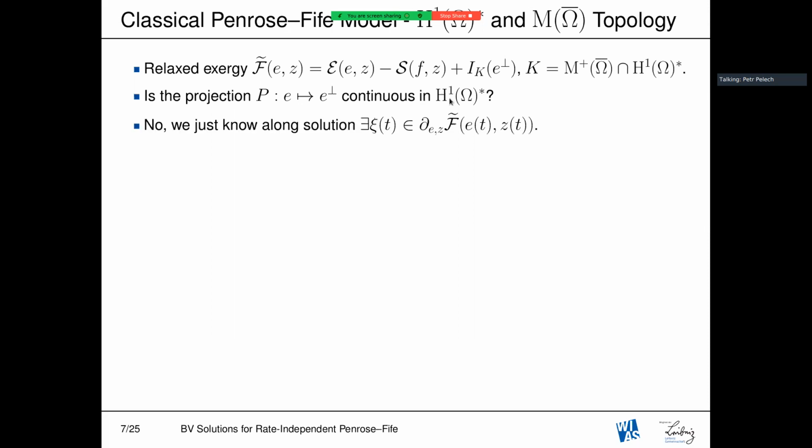And the answer is unfortunately no. So one just cannot simply differentiate this functional as one wishes.